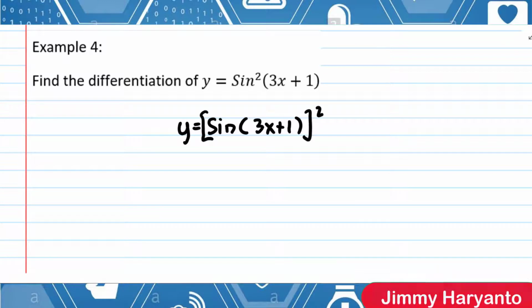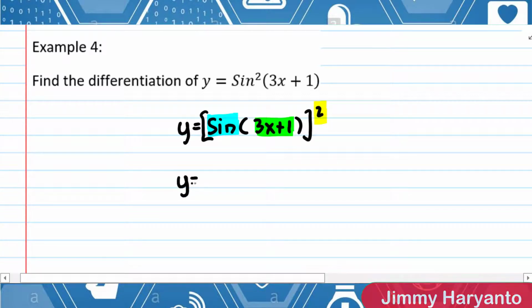Okay, so the outer function is x square, right? Sine square. So this is the outer function, the yellow one. The first inner function is the sine, and the second inner function, the innermost, is 3x plus 1, guys. So we have to apply the chain rule twice.